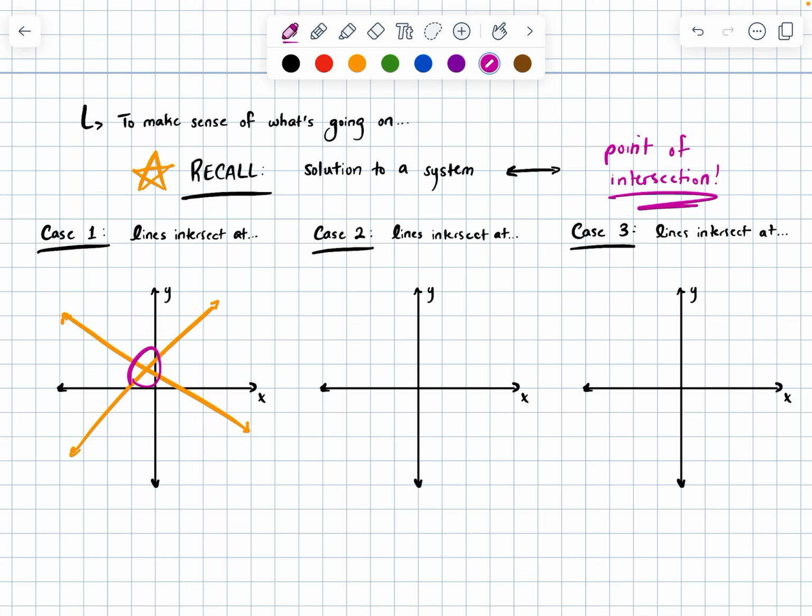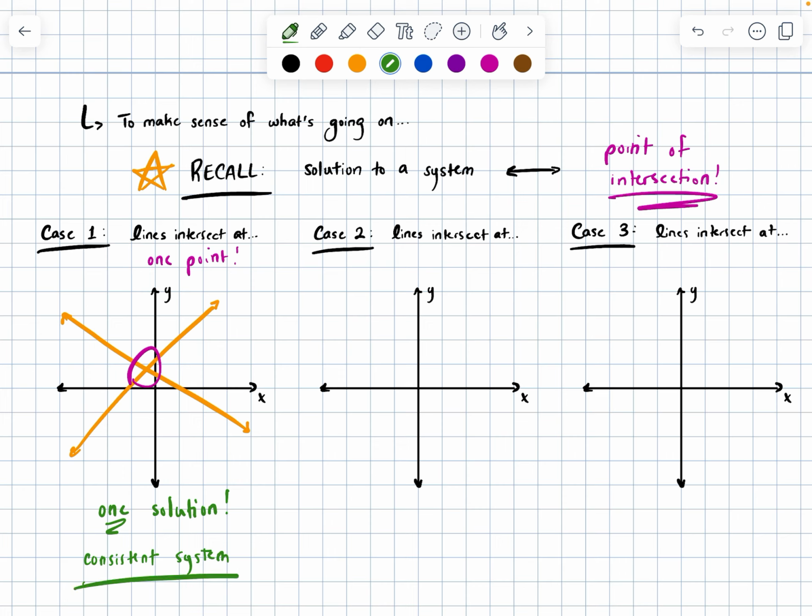So if I have a single point of intersection, as we did in our first example, a single point of intersection tells me that my system should have exactly one solution. If you're interested in some fancy mathematical terminology, a system of equations with one solution is called a consistent system. We can consistently expect to find a solution to our system.